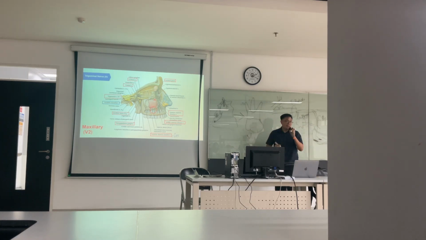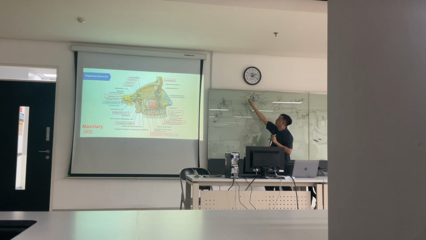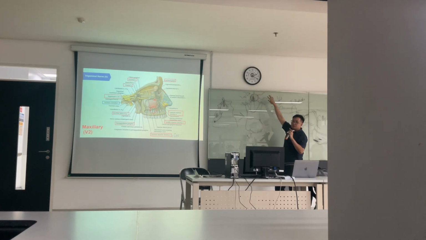But in practice, if you inject the needle in the middle in here, the anesthesia will spread. So basically one injection will anesthetize both nerves. You don't need to inject here and here. No need. Just point at the middle, and the local anesthesia will spread to the area. Okay?